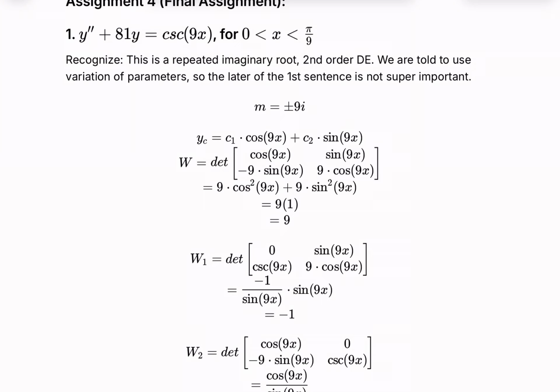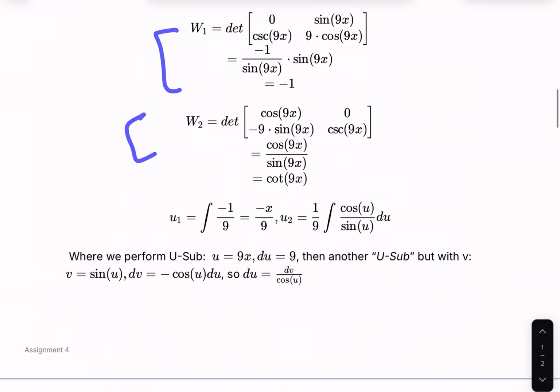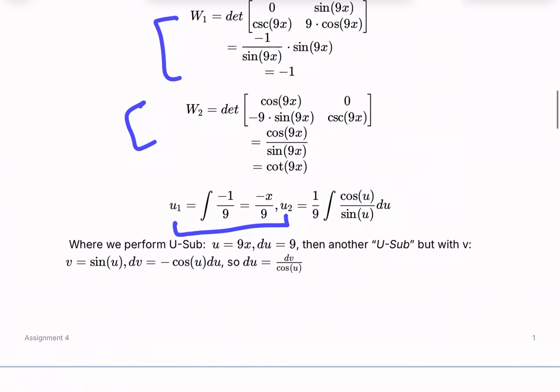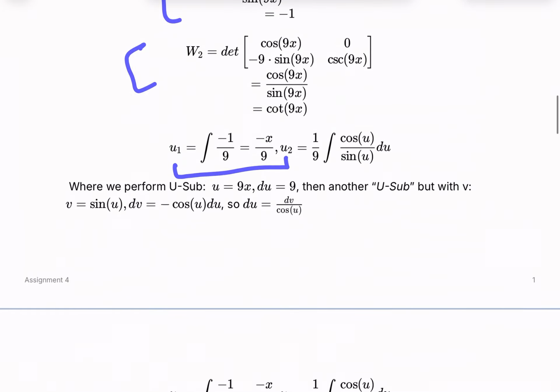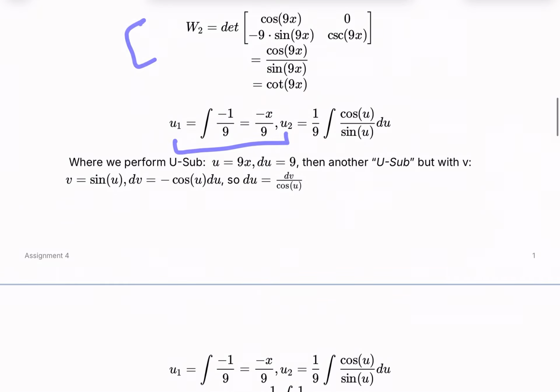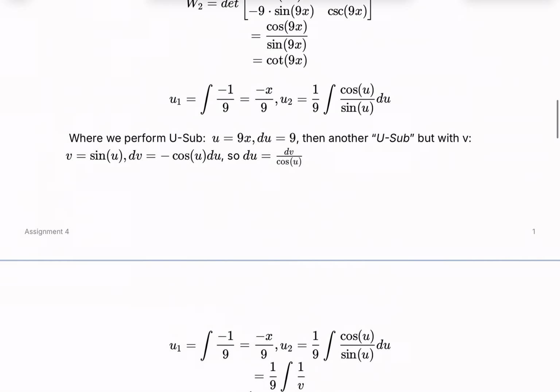So we know our complementary solution looks something like this. We do our Wronskian, then we get our W, our U1 and U2. We perform a U sub.